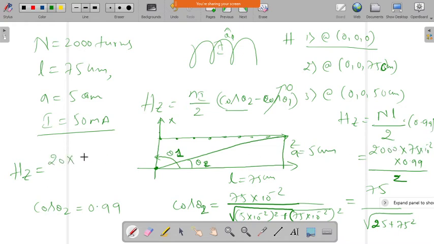We can try 20 into 75 into 0.99 divided by 2. So this will go to 10, so 750 into 0.99.